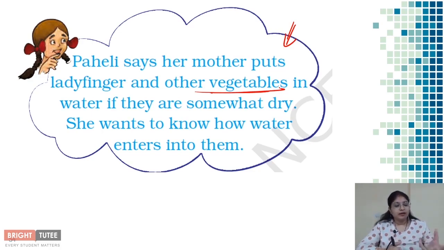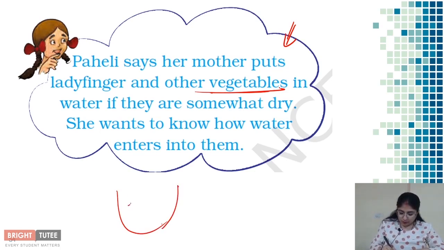When you put that vegetable in a bowl of water, over here the amount of water is high, whereas in the vegetable the amount of water is quite low. Now the water tends to enter from the high concentration towards the lower concentration.